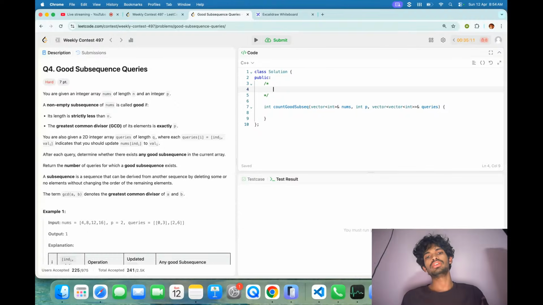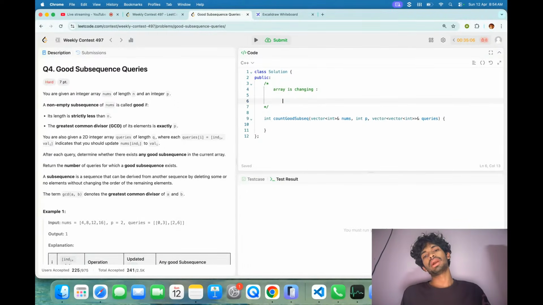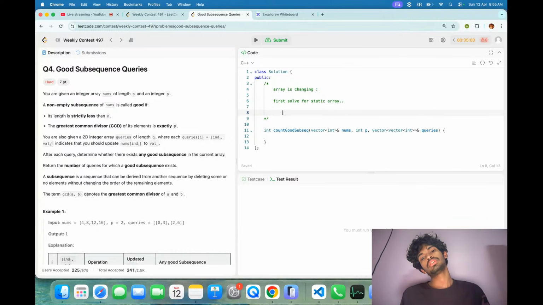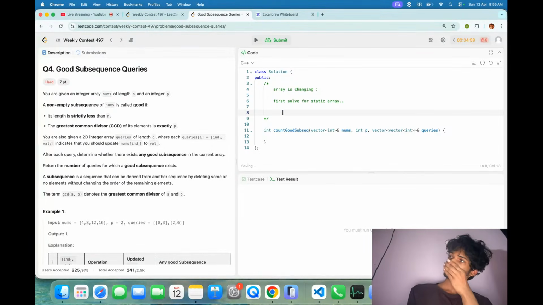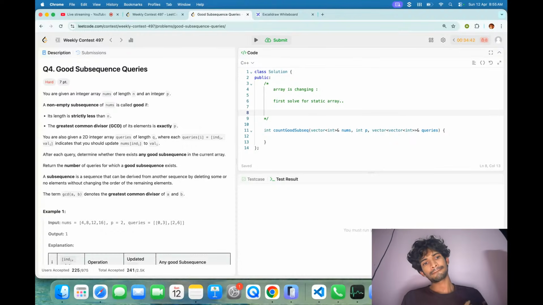The array is changing, okay? But we don't panic. We are not panicking. First solve for a static array. P is fixed.